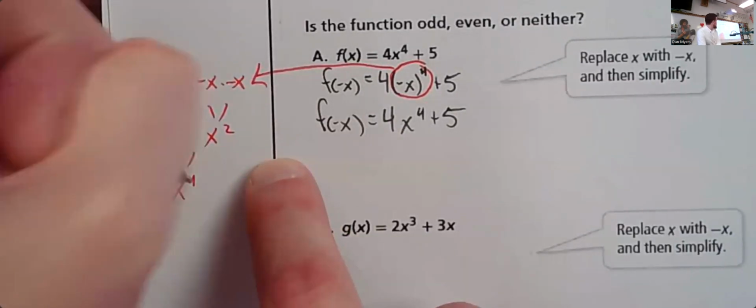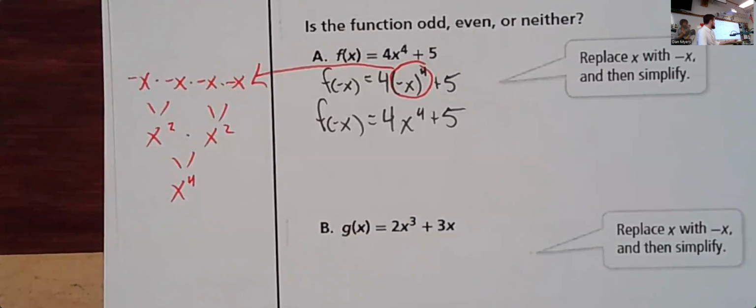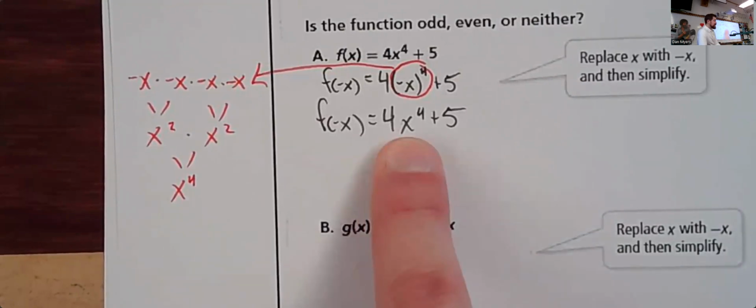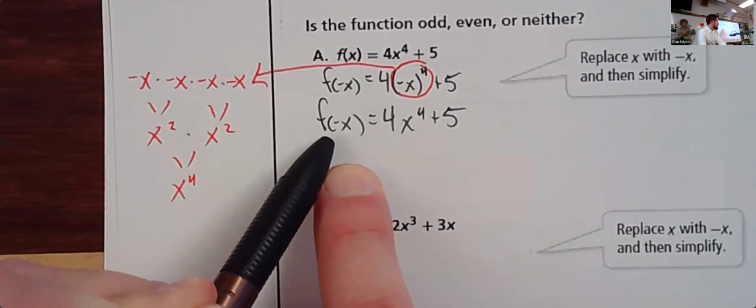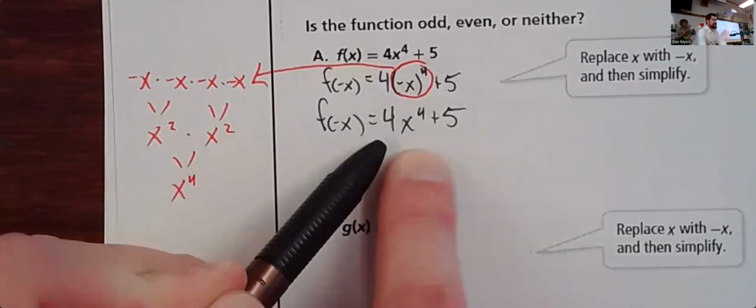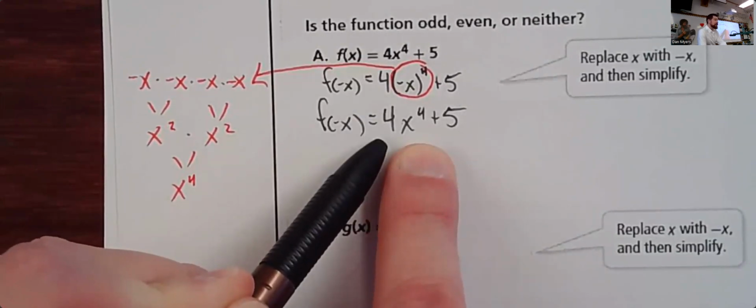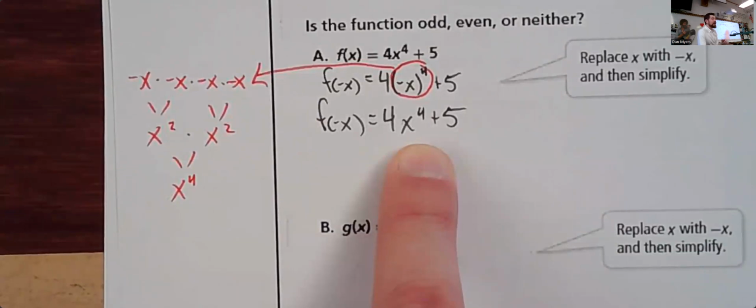X squared times x squared is x to the fourth. So they both end up being positive, which means the final result is positive x to the fourth power. So if you swap out x with the opposite of x, the y value here remains the same y value here, meaning what? Even. Yeah.